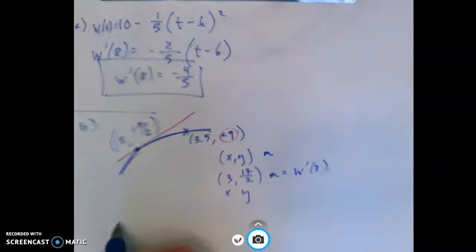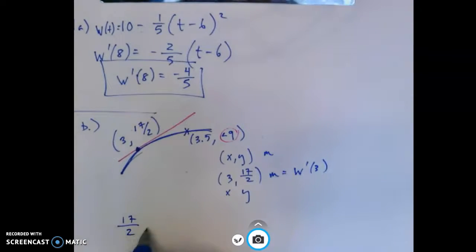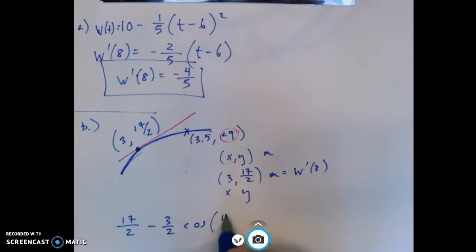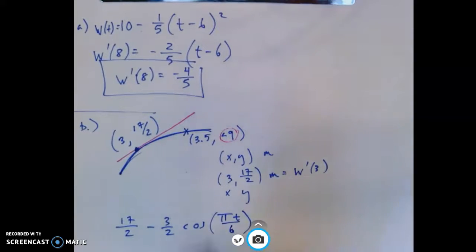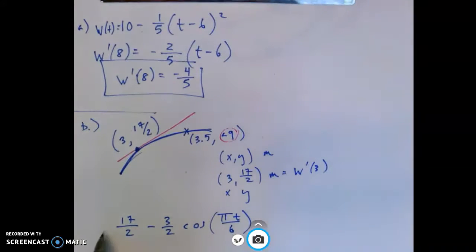So let me write that down. 17 halves minus 3 halves cosine of pi t over 6. This is a non-calculator question, so you know it's going to be known values, pi fourths, pi halves, pi thirds, so on and so forth. So this is our W of t function. The derivative of this function, the 17 halves goes away.